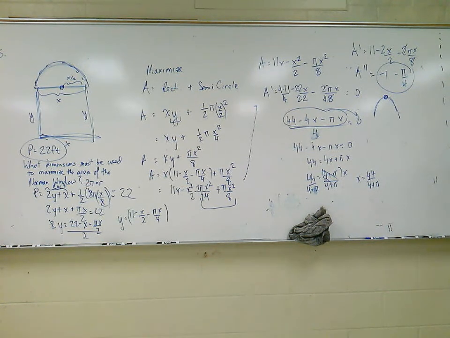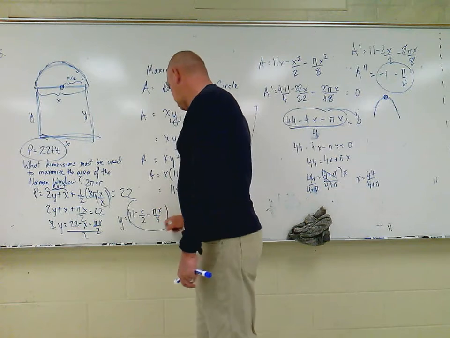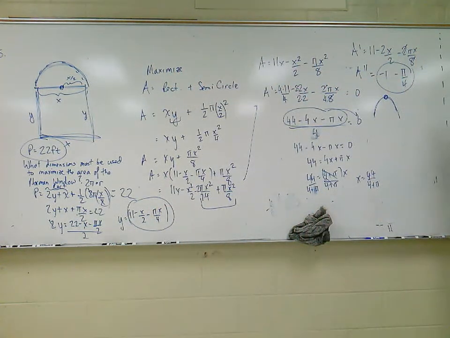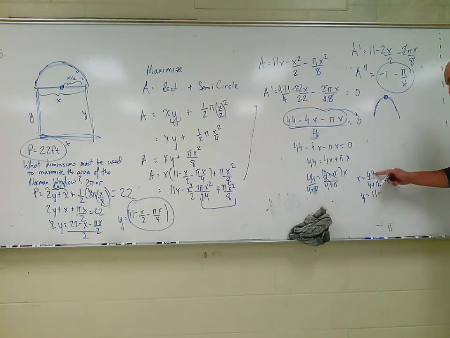All right, there's that. Now, it said probably in the start of the problem, give the x and y dimension. So now here's where this is a bit of a pain. You got to go back to y, which is this. And guess what you got to do? You got to sub in x. So y is 11 minus this, 44 over 4 plus pi, over 2.